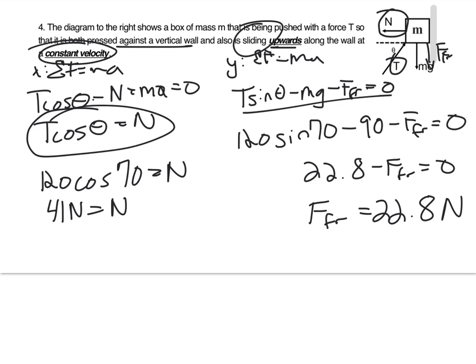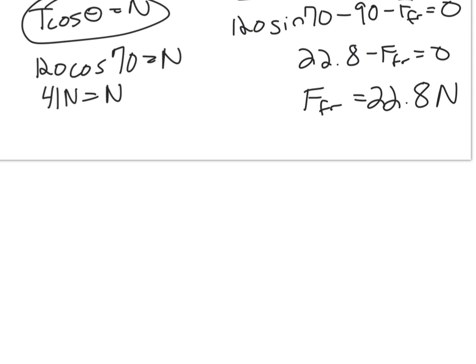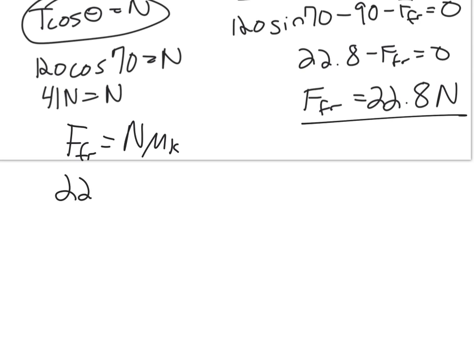So the last question that it asks is for the coefficient of kinetic friction between the mass and the wall. We know our force of kinetic friction is equal to our normal force times mu sub k. The force of friction we just got a second ago, 22.8, and our normal force is 41 newtons, times mu sub k.